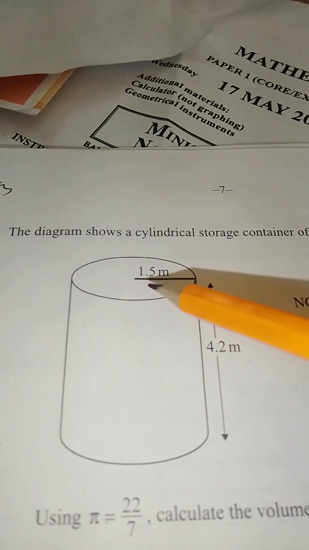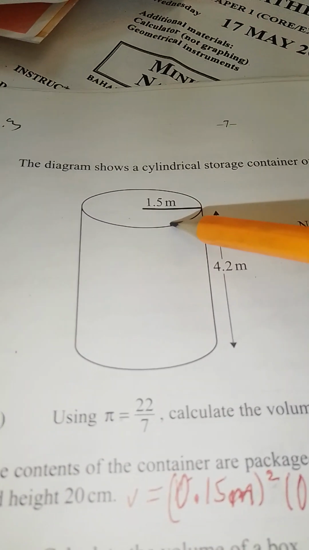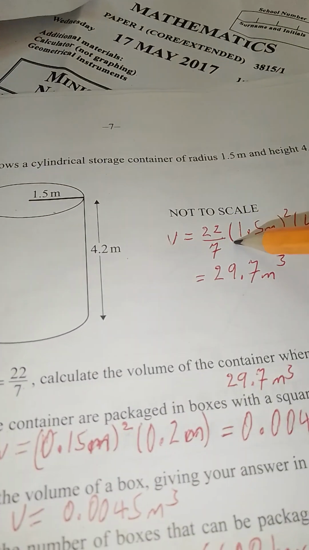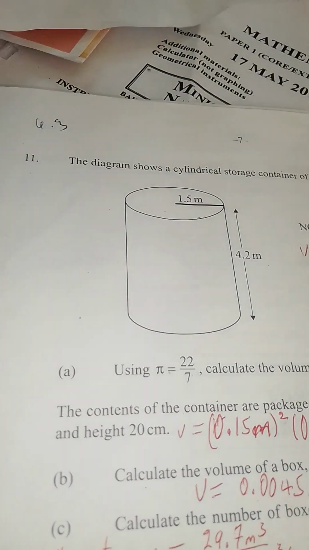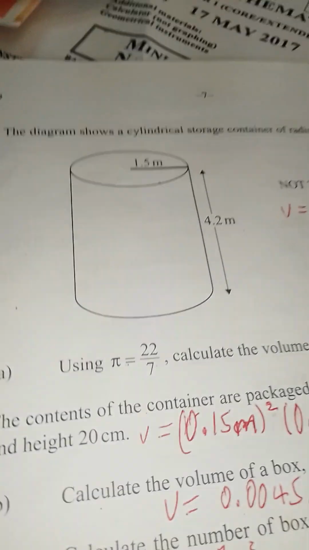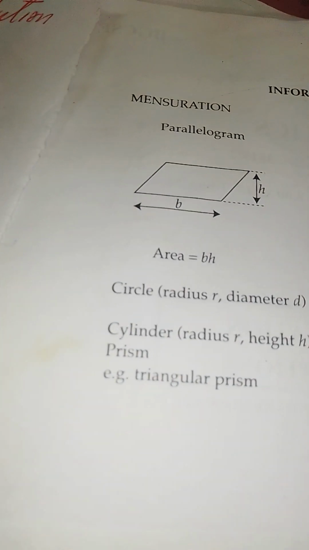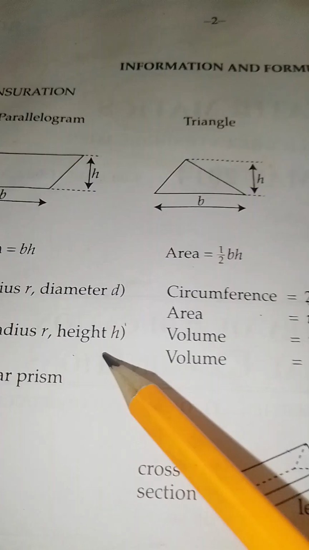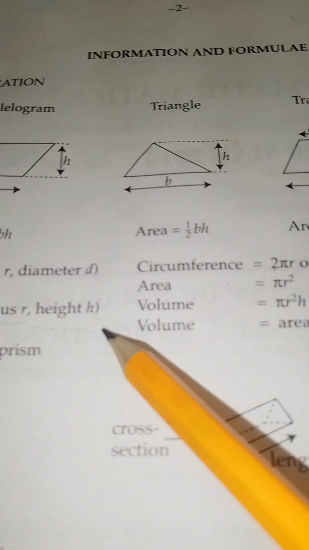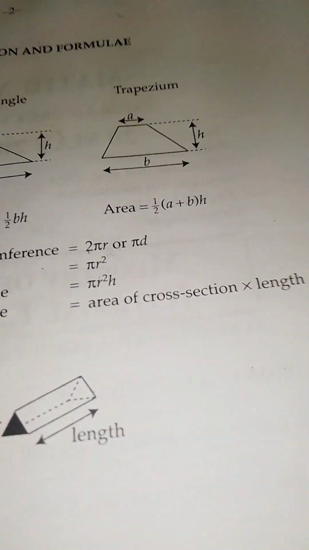Here we go, we have a cylinder. Now, the volume of a cylinder, if you look on the inside cover of the formula sheet, the volume of a cylinder, let's see if we can turn it real fast. The volume of a cylinder is equal to pi r squared h. Let's go back to this question here.